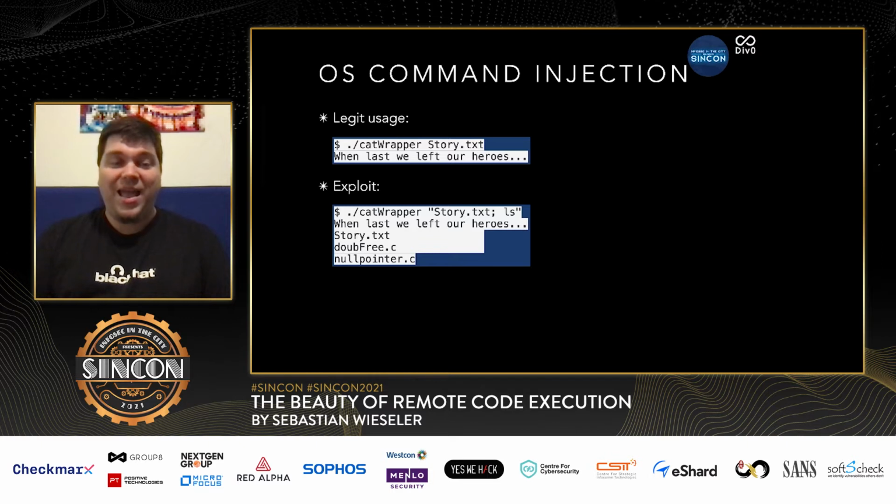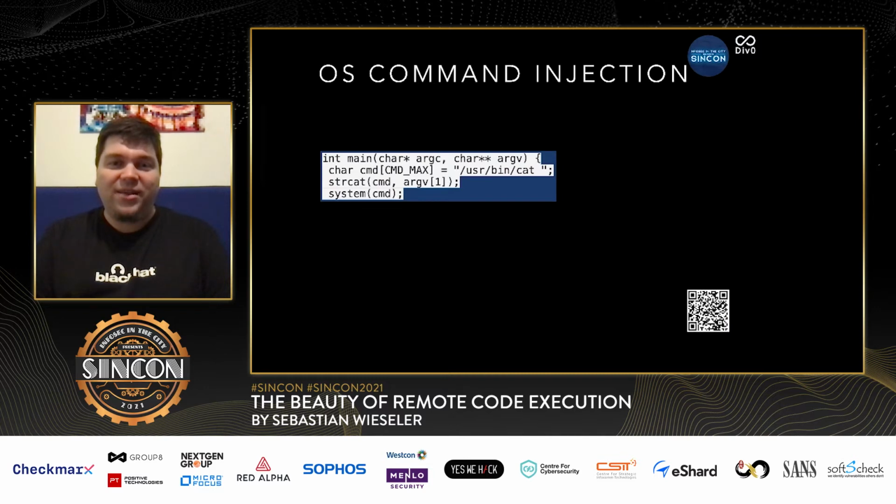But what can happen is that an exploit expands the file name, concatenating it with another command, and what will happen is that the normal cat command that was pre-programmed will take the input file, but the semicolon will expand the whole line and execute another command, which is then controlled by the attacker, giving you basically arbitrary code execution, and leads in this example to an OS command injection, right?